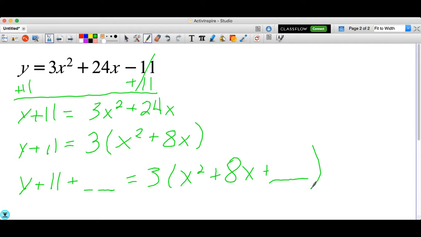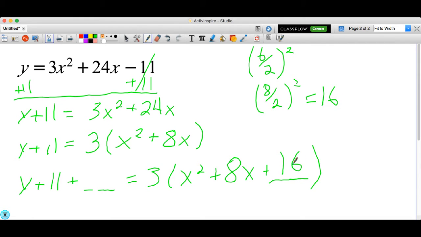And now you can see inside this parentheses, we're right back where we were on the last examples because we have a 1 out front of our x squared term, which means we can create a perfect square trinomial. Again, the formula to figure that out is b over 2 quantity squared. That would be 8 over 2 squared, which is 4 squared, which is 16. So we're going to add a 16 to the right-hand side.